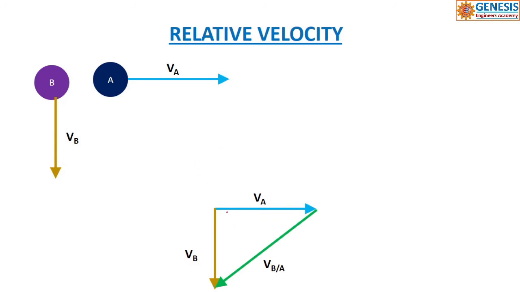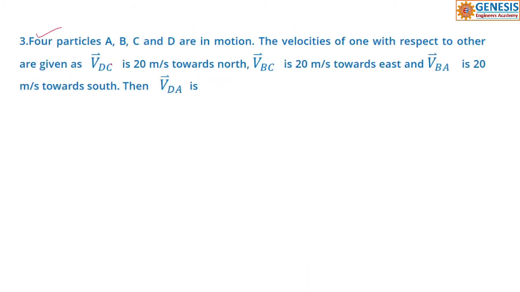So this is the angle 90. This 90 degree angle is in between these two, forming a right angled triangle. Then this side is equal to root over this side whole square plus this side whole square. Particles A, B, C, D are in motion. The velocities of one with respect to the other are given.